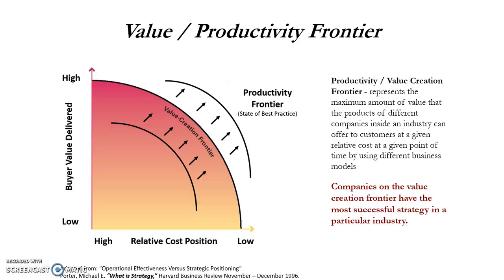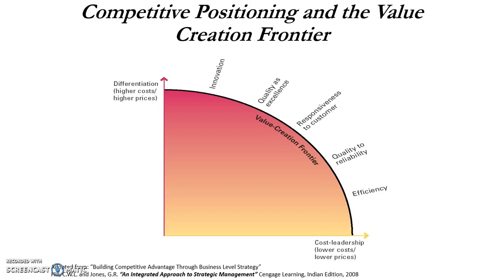Now, with an insight on the frontier curve, the next aspect is competitive positioning in accordance with the value creation frontier, and in accordance with the illustration that we just discussed on the two extreme corners of the curve, the axes have been renamed as differentiation, or high cost high value products, on the y-axis, and cost leadership, or lower cost, lower prices and low value aspect, on the x-axis.